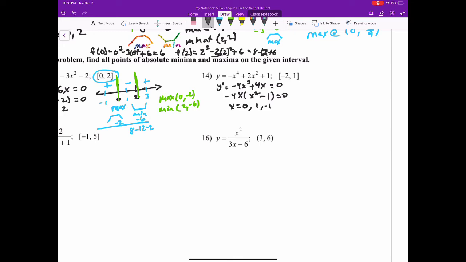So let's go ahead and draw my number line. 0, 1, and negative 1. We'll plug it into my derivative. So plugging this all into here, we end up getting a negative here.